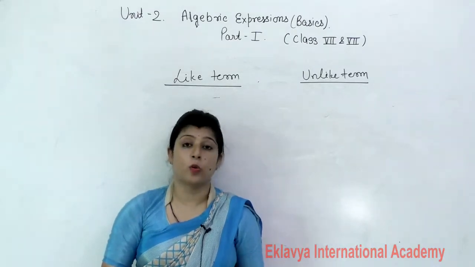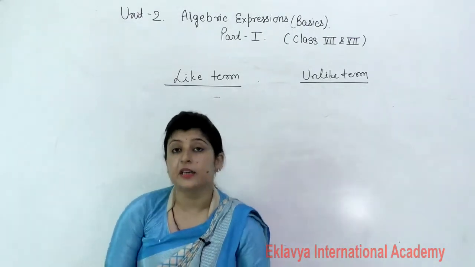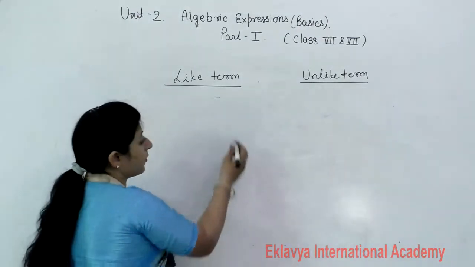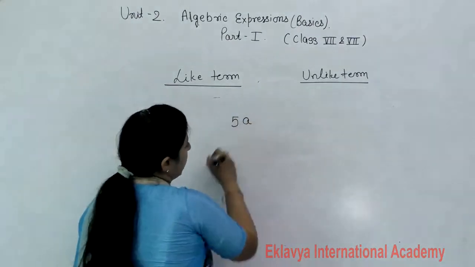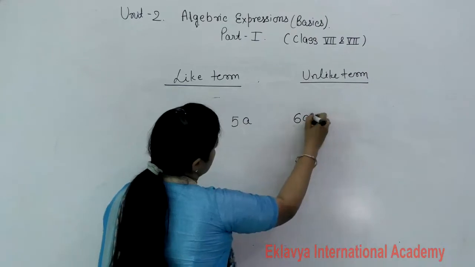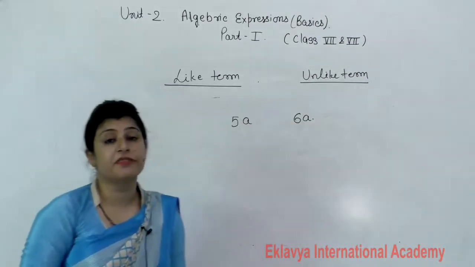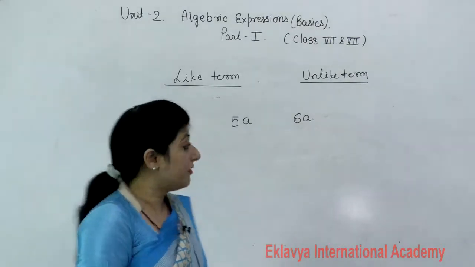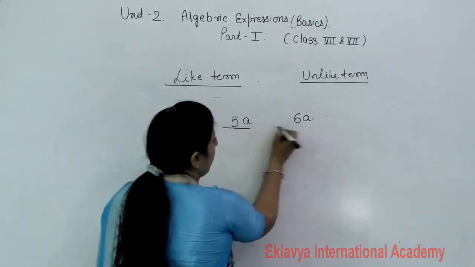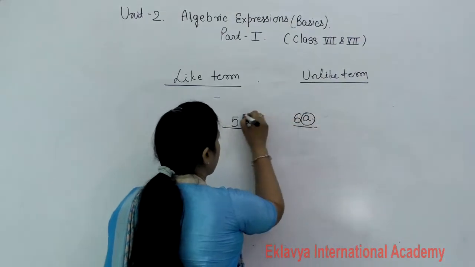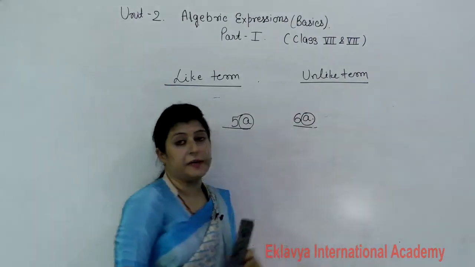Suppose I write down 5a, 6a. The numerical coefficient will differ. 5a, 6a, both have the literal coefficient a.